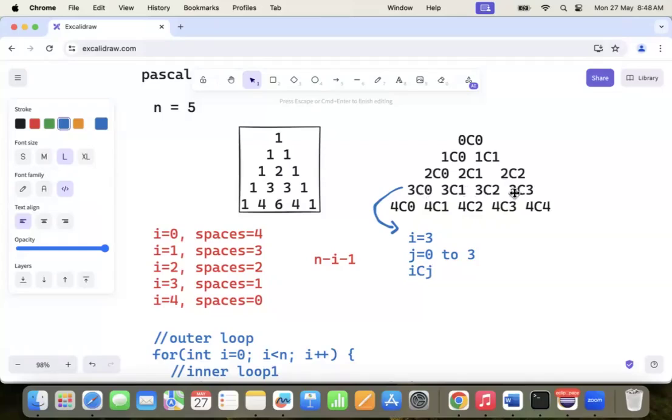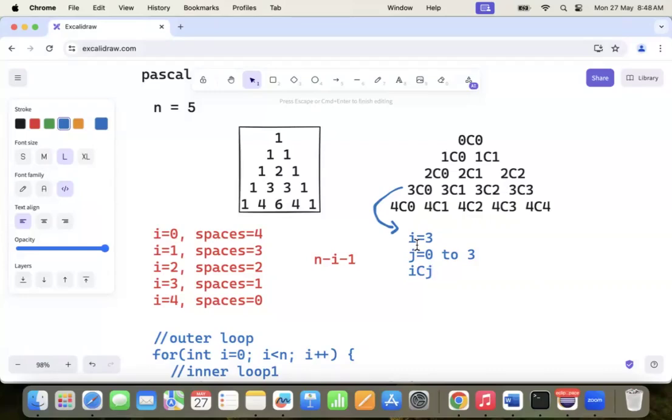So tell me, where should j start and where should j end? j should start at 0. j should end at 3, that means at i. Am I clear, folks?